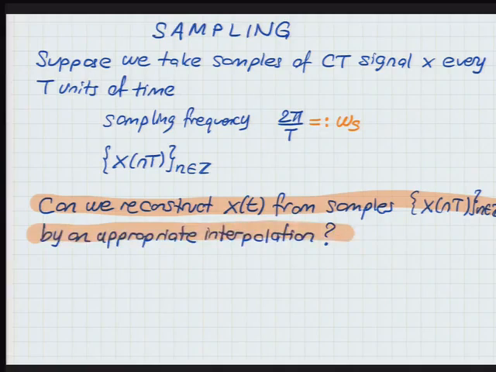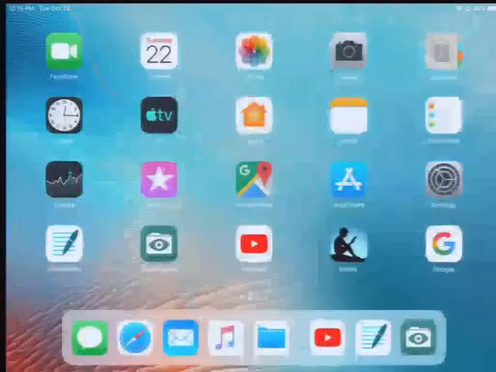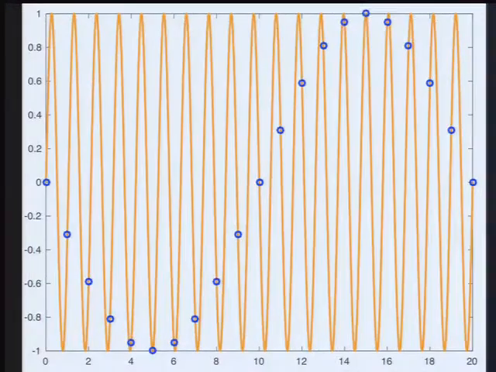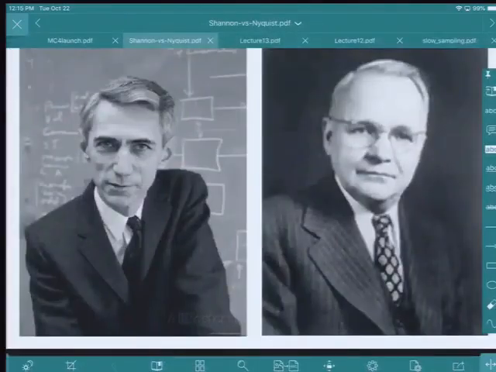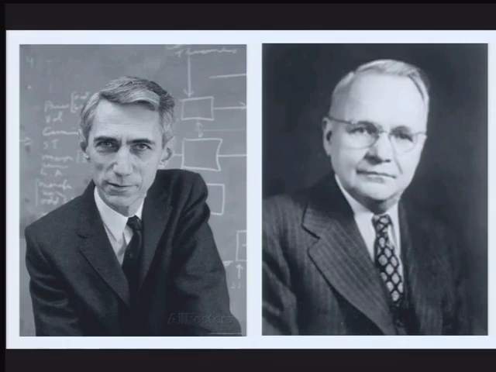So let's check your understanding from last time. How many of you remember who answered this question? Shannon and someone else. All right. Nyquist, yeah. Both of these guys worked at Bell Labs, which back then was where everything was happening. So which one is Shannon?